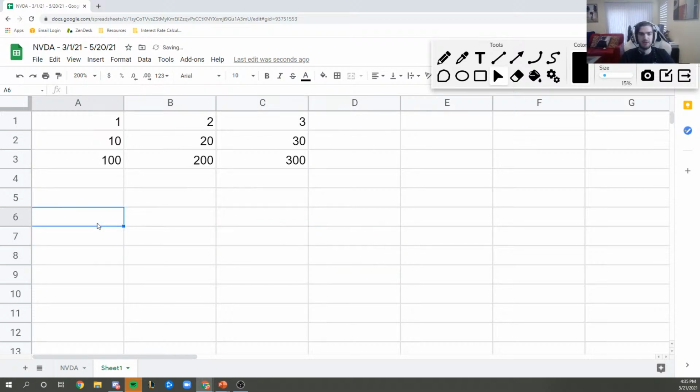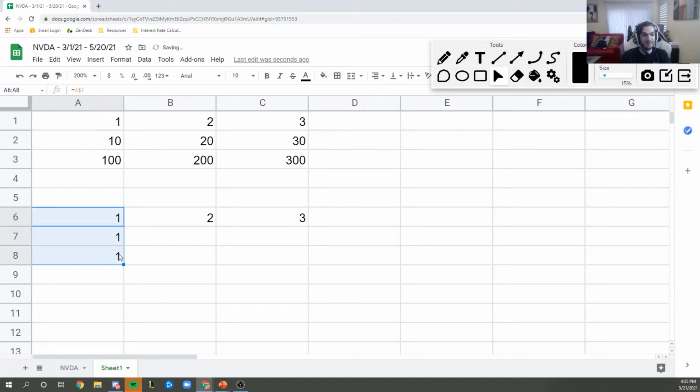Let's now flip it. Let's go and do equals A$1. We'll see now if we go left and right, oh hey, it changes because the letter is unlocked. The letter can change.